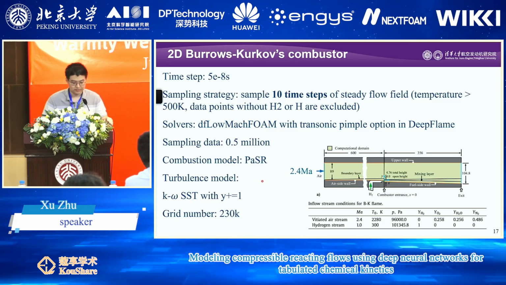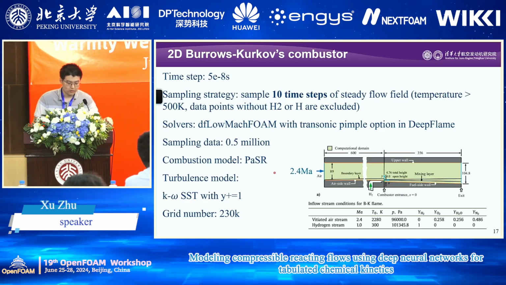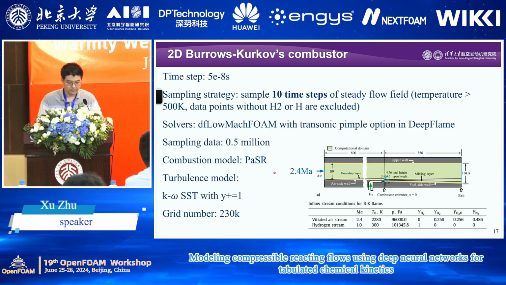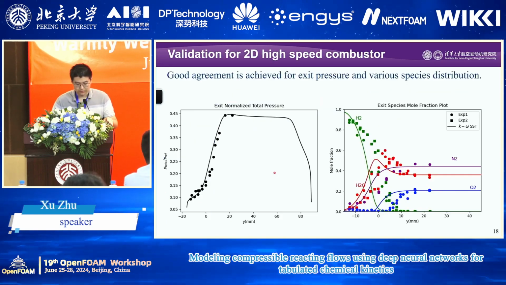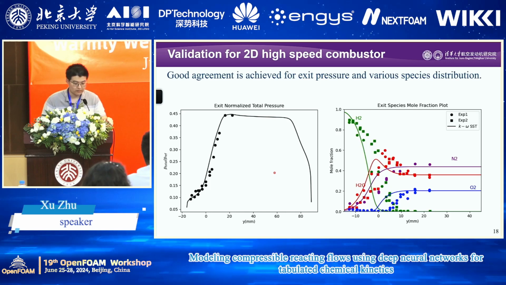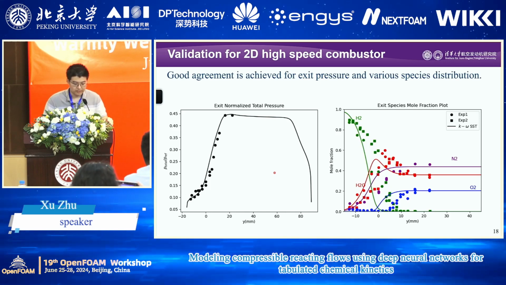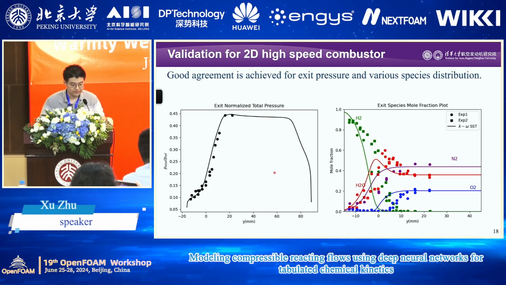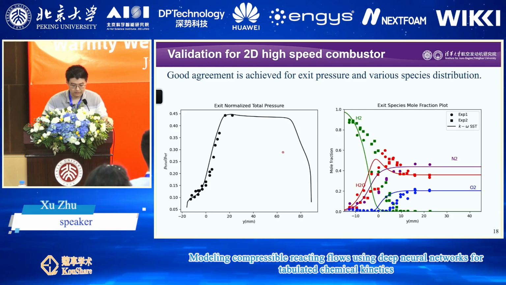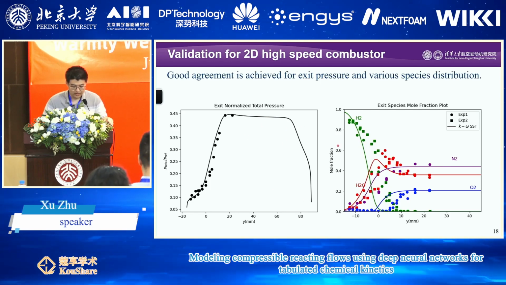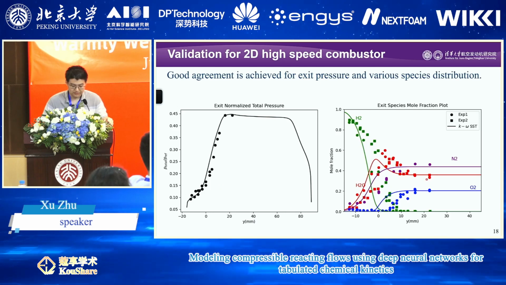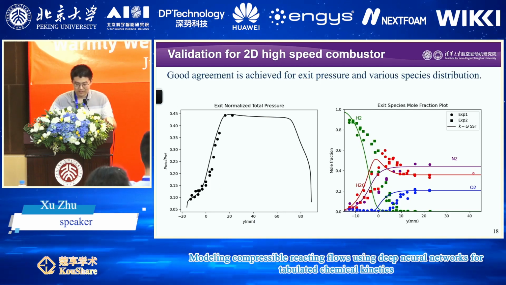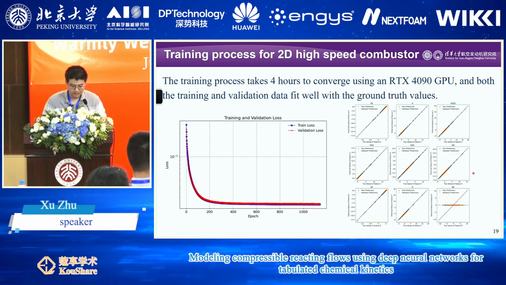The turbulence model is k-omega SST with wall y plus equal to 1, and the grid number is about 230K. First, we have a validation of our solver for the 2D high-speed combustor. We can see that good agreement is achieved for the exit pressure and the various outlet species distributions.